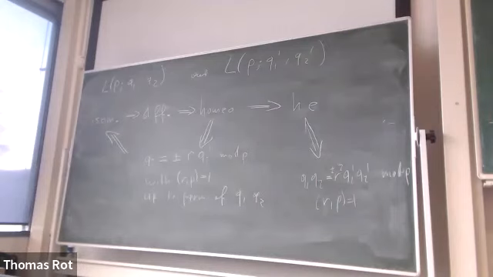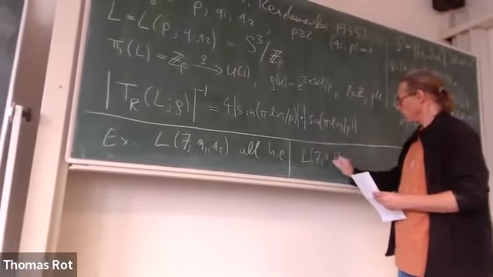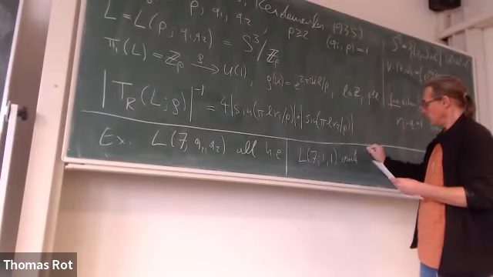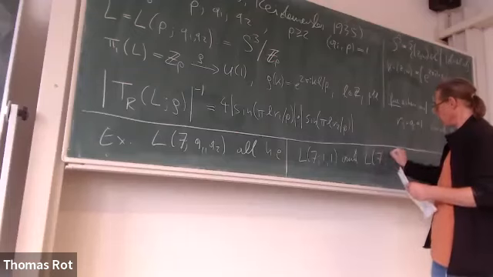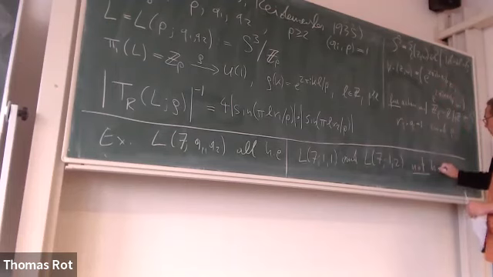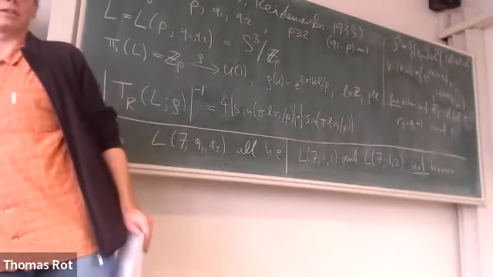They're all homotopy equivalent, just checking this criterion here. And the lens spaces L(7; 1, 1) and L(7; 1, 2), they're not homotopy equivalent, and this criterion here is not met.